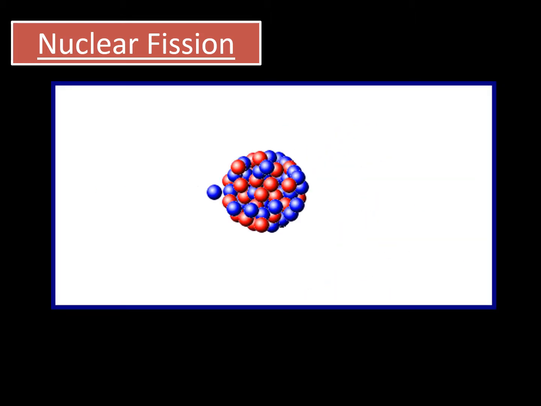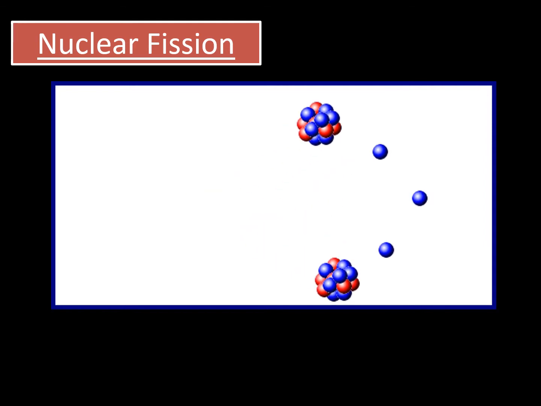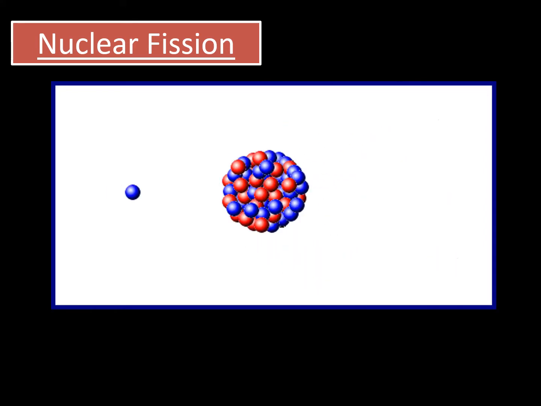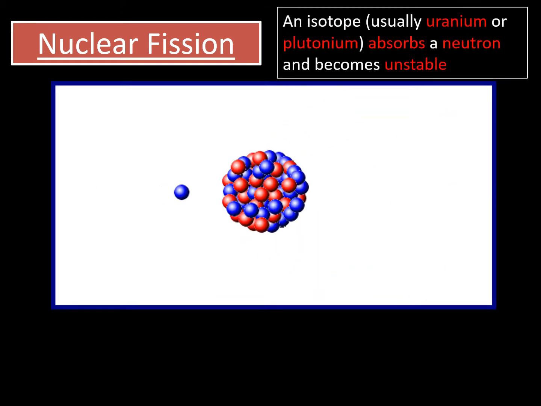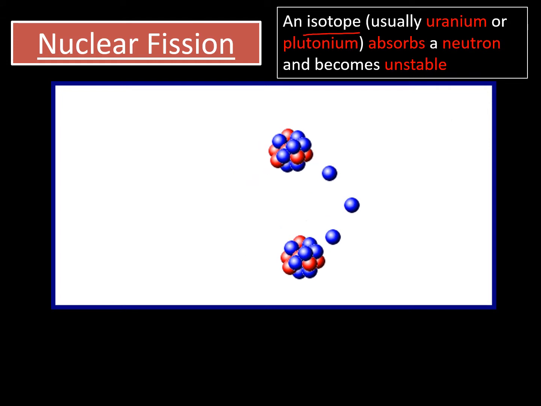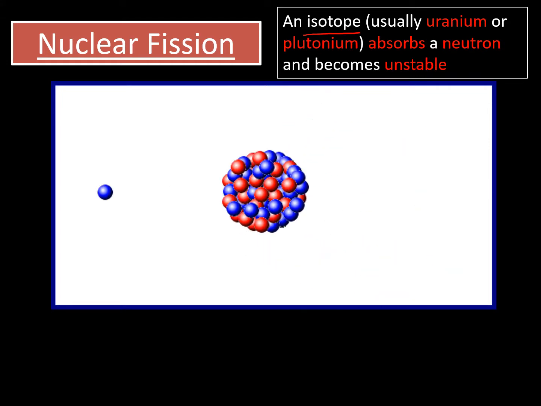Nuclear fission occurs when a larger nucleus splits into two smaller ones, often called daughter particles. Why does it split up? It's been made unstable. So, an isotope of a large nucleus, and in nuclear power plants and reactors, we typically use uranium or plutonium isotopes.